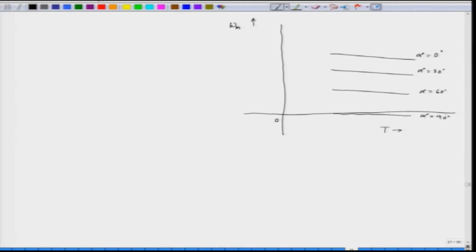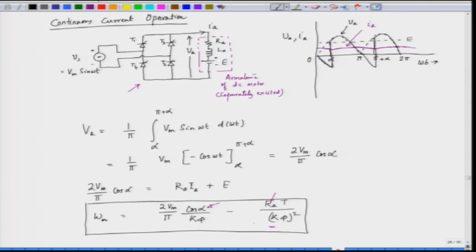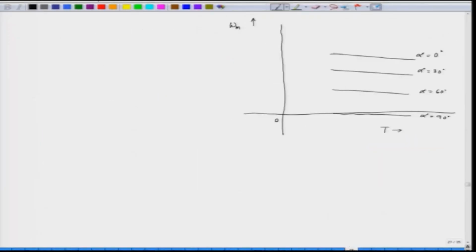Now, when alpha is 90, the no load speed is 0 if the current is continuous. At lower values of torque, there is a tendency of discontinuous current operation. The current becomes discontinuous at lower values of the load, lower values of the torque. So, we will have operations shifted to some other region.